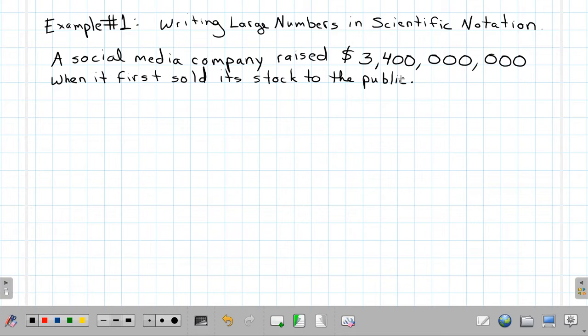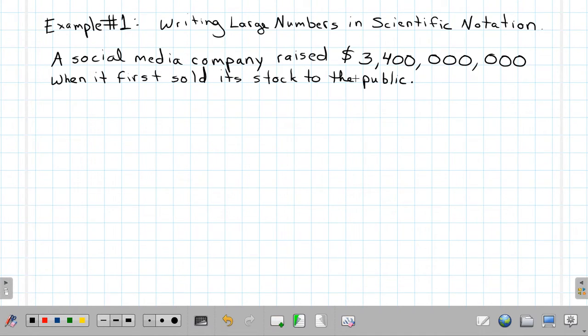If you don't know what it means to sell stock to the public, or you don't really know what it means, social media companies, probably something like Facebook, Instagram, I guess technically even YouTube could be considered a social media company. But once again, we don't need to really focus on what this number is in relation to here.